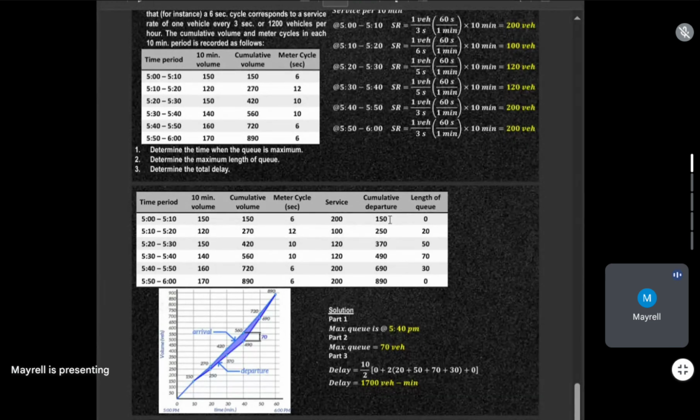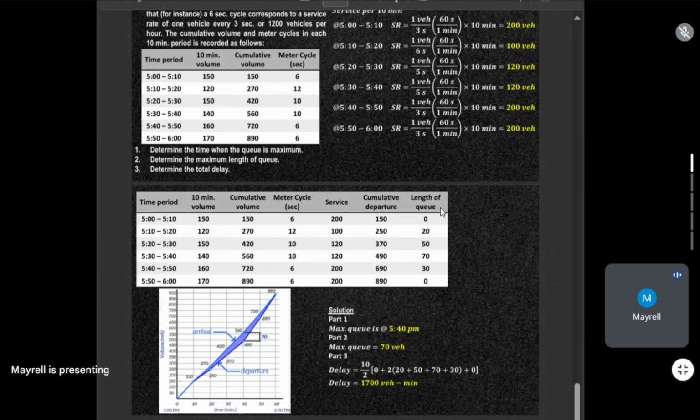Then you will add the service rate, since the meter cycles are different. So you have 150 plus 100, so 250, plus 120, you have 370, plus 120, 490, plus 200, 690, plus 200, 890.